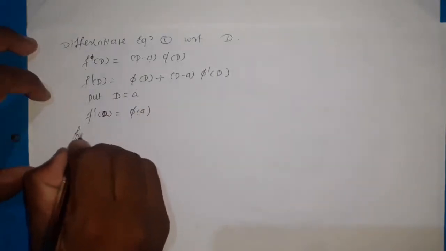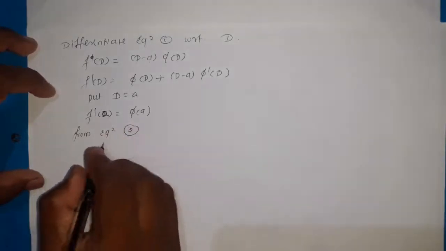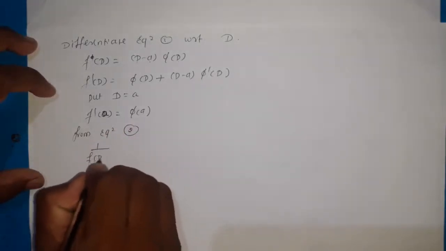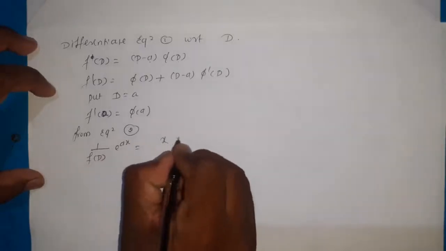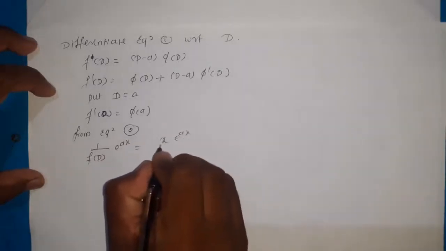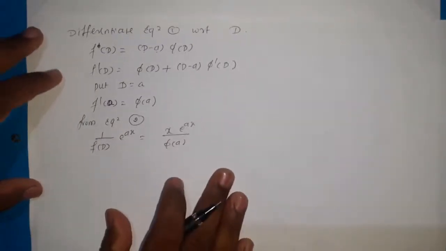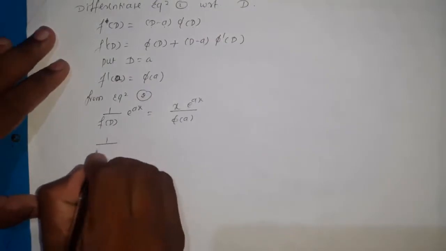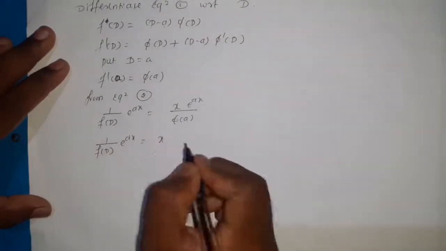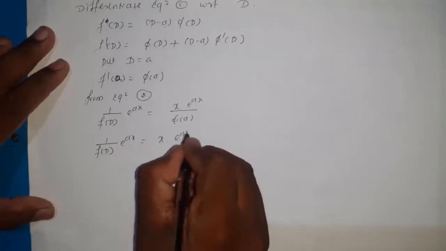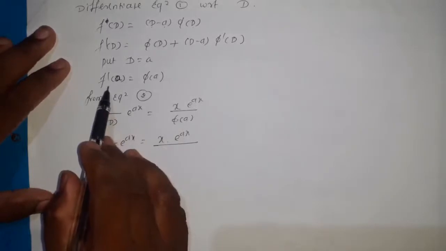Then from equation 2, 1 by f of D e power ax is equal to x into e power ax divided by phi of a, which is equal to f dash of a.